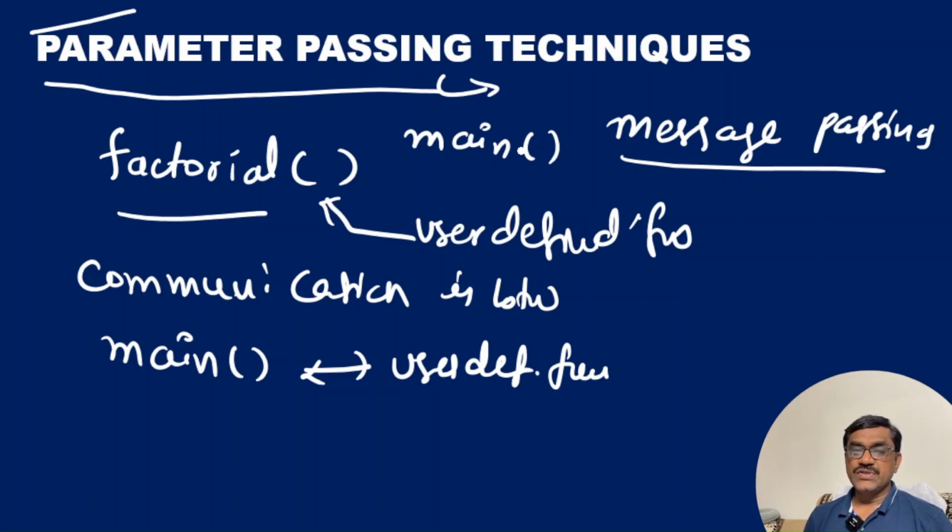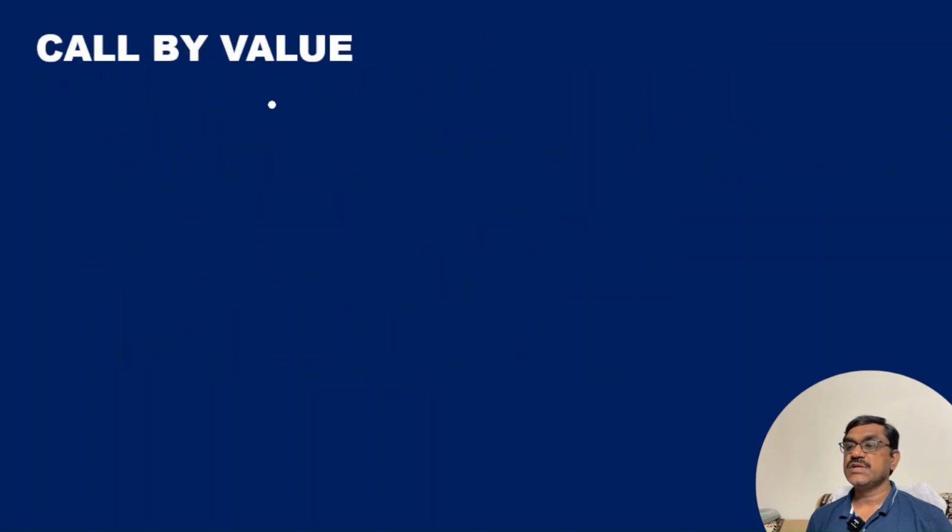The calling of the function can be done either by passing arguments or by passing addresses, that we are going to see, right? Now, the parameter passing techniques are broadly divided into two types. The first one is the call by value, and the second one is the call by reference. So, what is call by value?